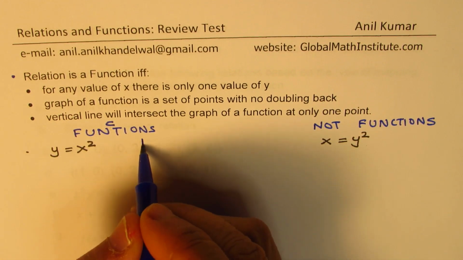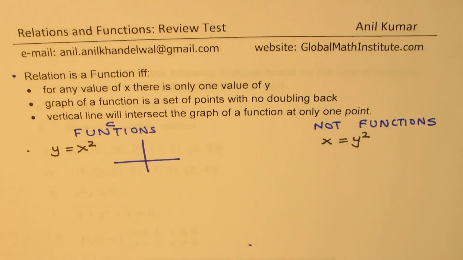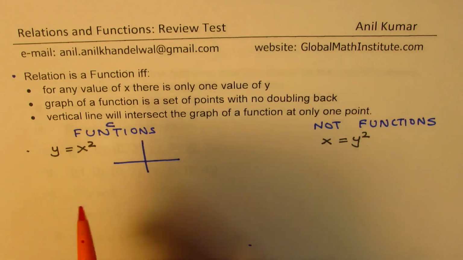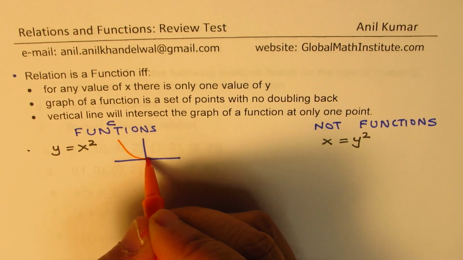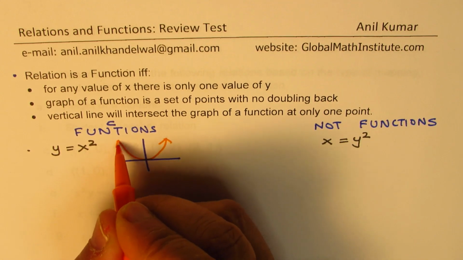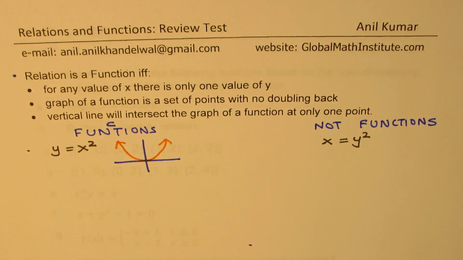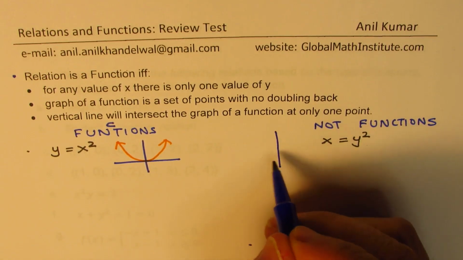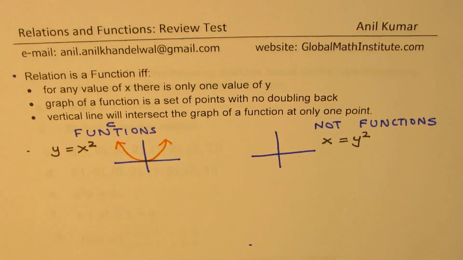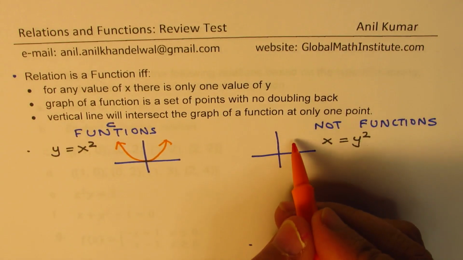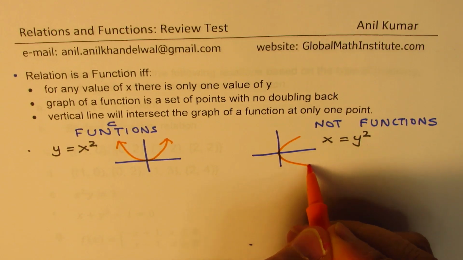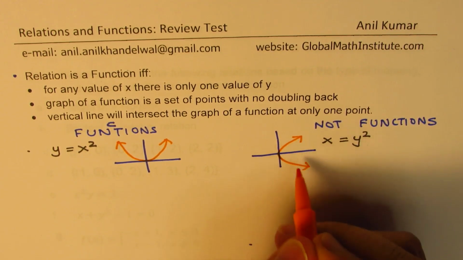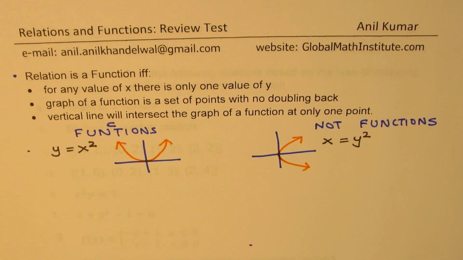Since y equals x squared is a parabola which opens upwards, kind of like this, and x equals y squared is a parabola which opens sideways, kind of like this. It is not a function.